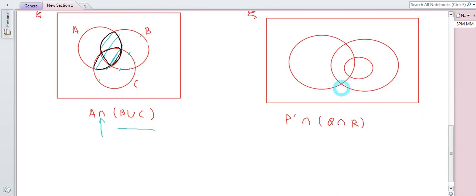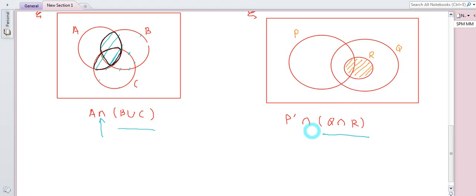Okay, we go to the last one. Same thing. Let me label first. P, Q, R. Okay, so Q intersection R, Q and R overlapping area, will be here. This one R is a subset of Q, right?